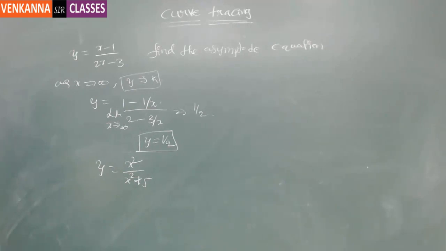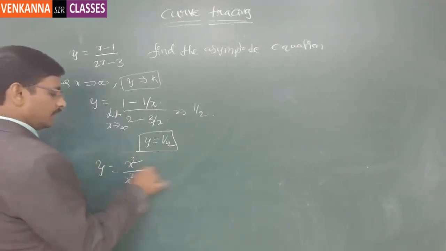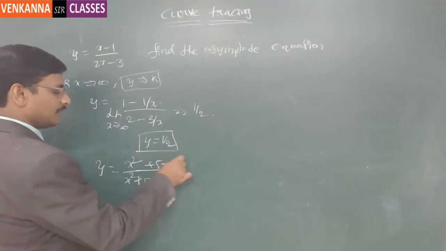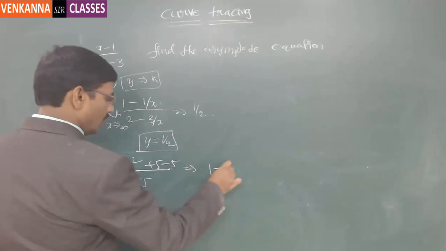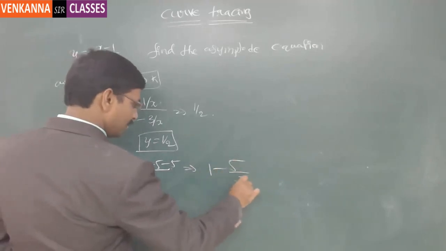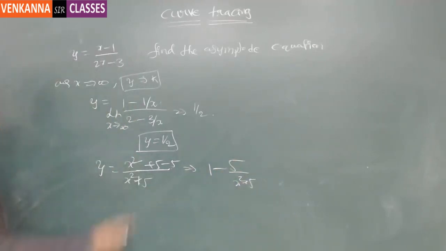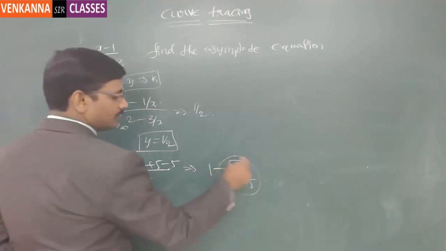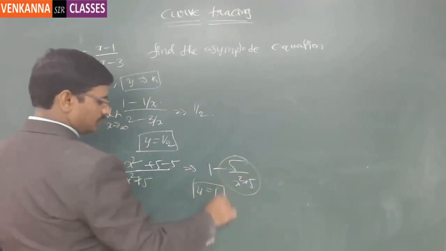Yeah, Raj gave the correct answer. Y is equal to 1. So here, add 5 and subtract 5. This leads to 1 minus 5 by x square plus 5. Now here, as x tends to infinite, this part will become 0, and y is equal to 1 is the equation of the asymptote.